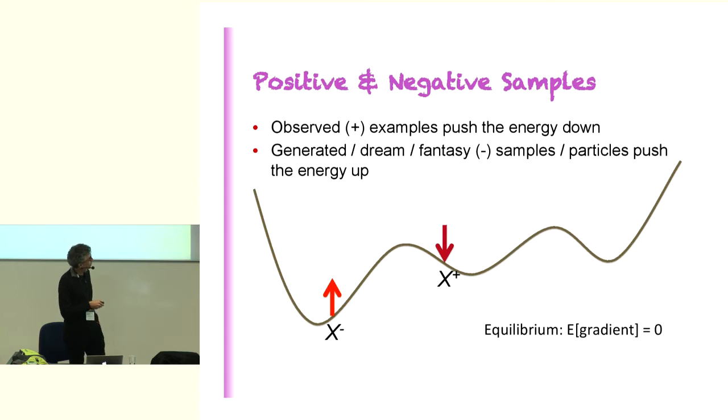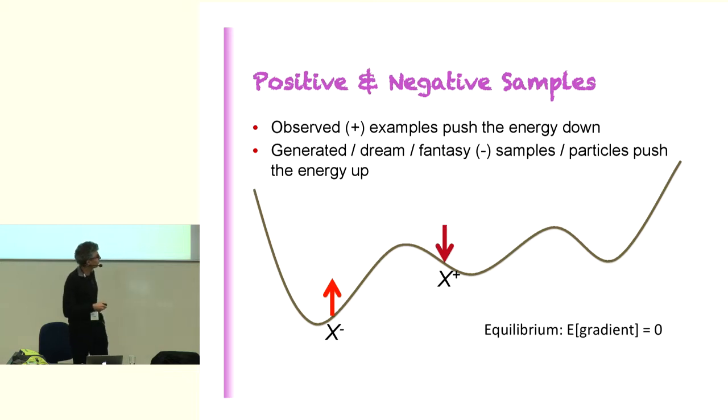So what training means is taking the current energy function and pushing it down where you have examples and pushing it up everywhere else. But actually, if you look at the math, it says push it up, especially in places where the energy is low. In fact, in proportion to the probability, which is e to the minus energy of these configurations. So the configurations that currently have low energy should be pushed up. But maybe you're going to say, well, that's weird.